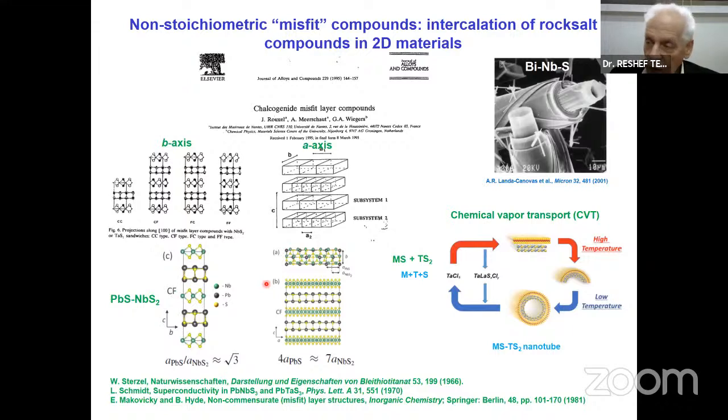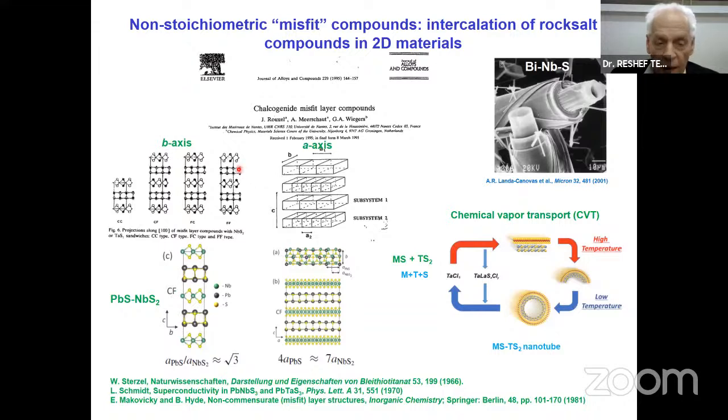Actually, they are known for longer time, but their exact structure has been elucidated by Makovitsky and Hyde 40 years ago, and they are known since 1966. And what are the misfit compounds? You take two tantalum disulfide layers, and you intercalate lanthanum sulfide in between, or lead sulfide in between.